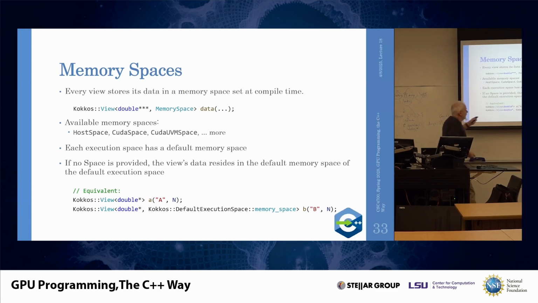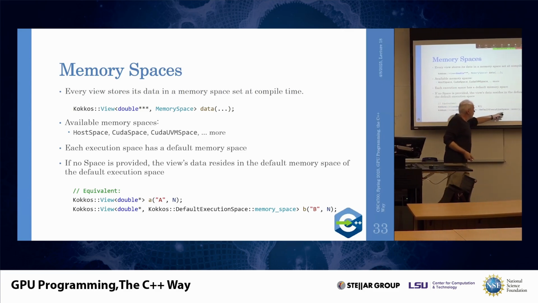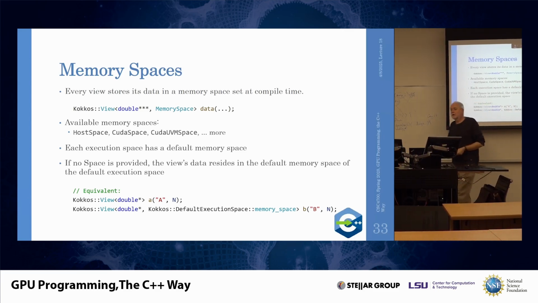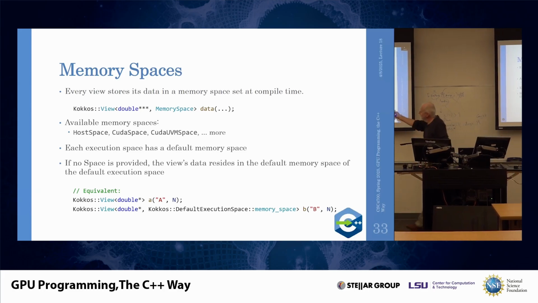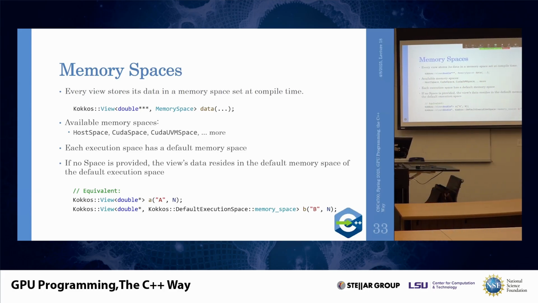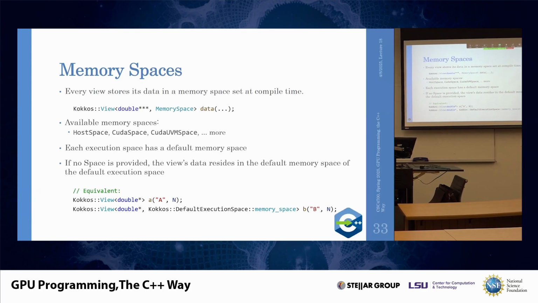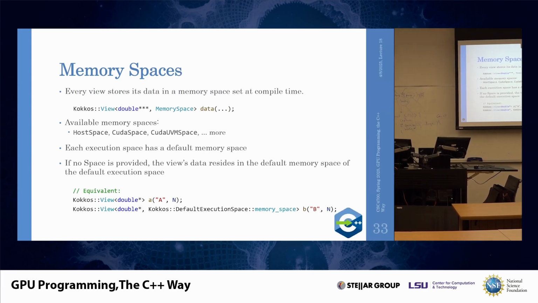On the other hand, you can explicitly ask each execution space for its memory space. You can say, okay, what is your memory space? And use that. In this case, these two things are equivalent because it will use the default execution space, which is whatever is configured at compilation time, and will use the memory space associated with it.